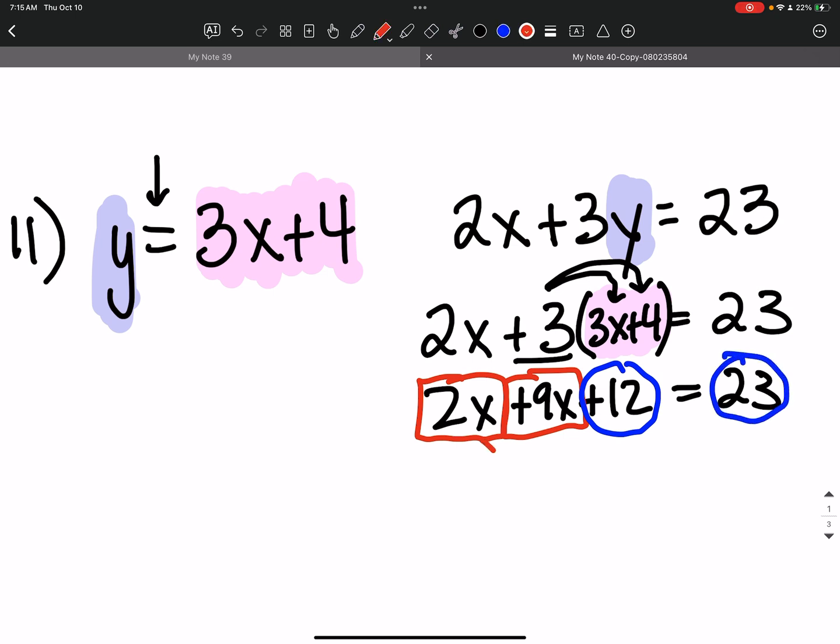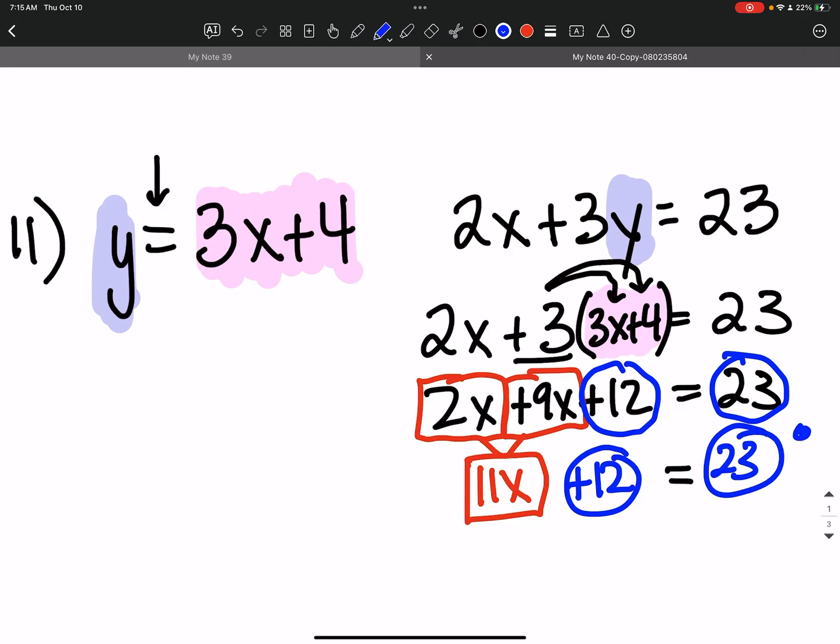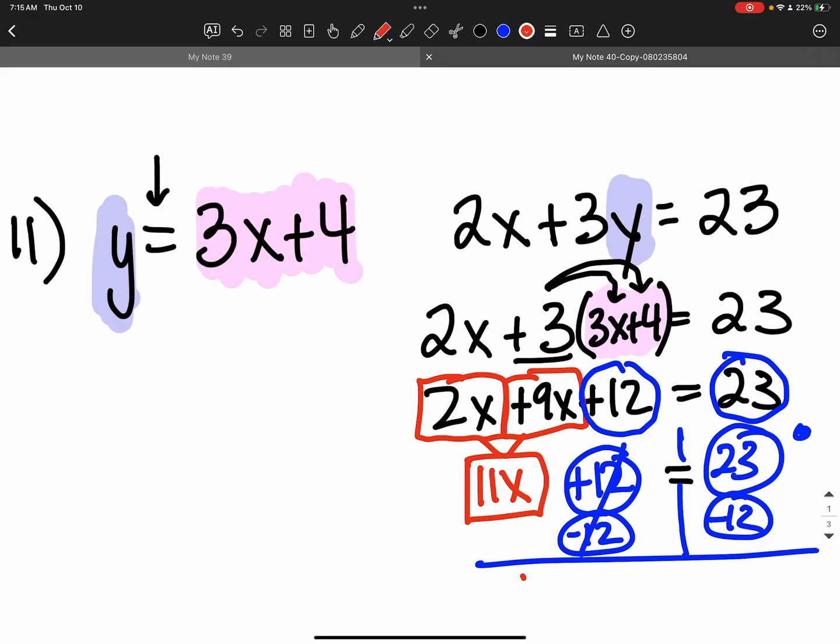Let's see. 2 x's and 9 x's is 11 x's. Plus 12 equals 23. Let's go ahead and move the 12 over to the 23 side because that's the baby's laundry side over here. So minus 12, minus 12. And these are dead, and we got 11 x's equal 11.